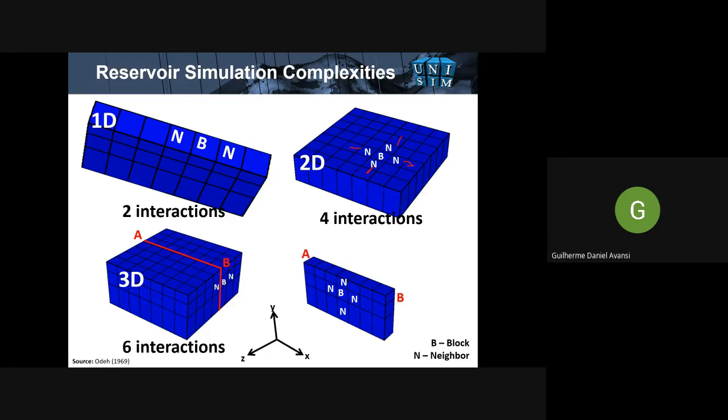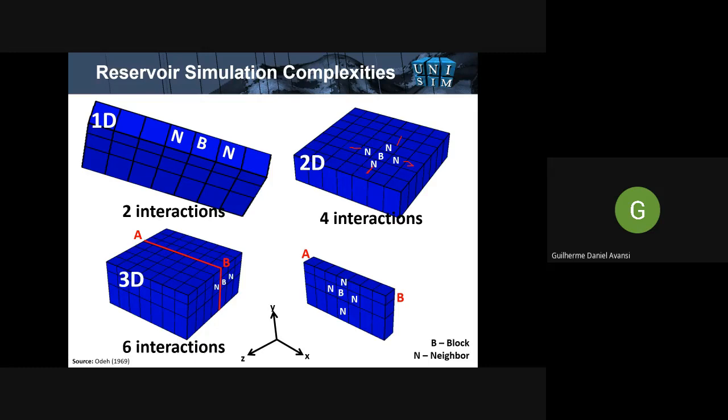Okay, we have the block here. We have these directions, okay, and these directions. So we have the original from the 2D and 2 extra directions. So with this, we have 6 interactions. So in the 3D, we have 6 interactions. With these 6 interactions, we need to build the equations.